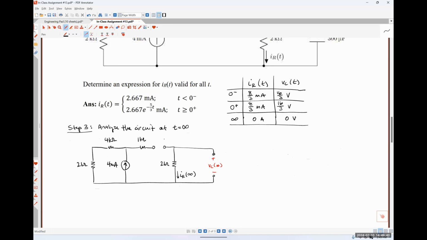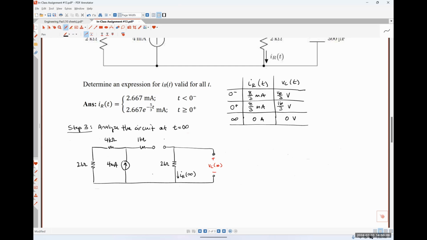And the most simple explanation for why that is, well, we no longer have any energy stored in our system, and neither of these two elements is actually connected to a voltage or current source, right? So at t is equal to infinity for all of the circuits that we're going to be dealing with today, everything that we're interested in is going to decay to zero.